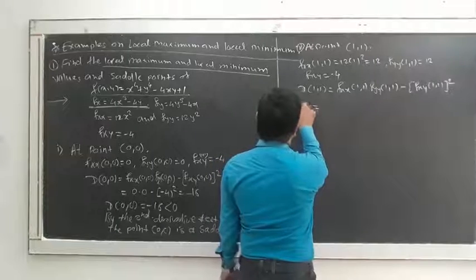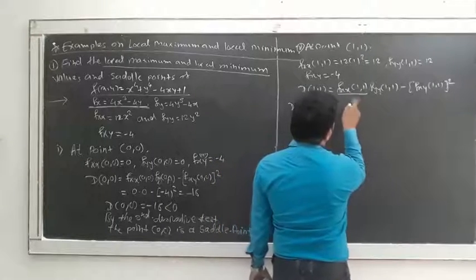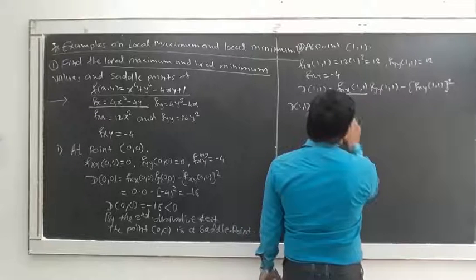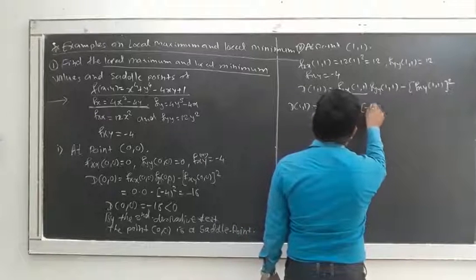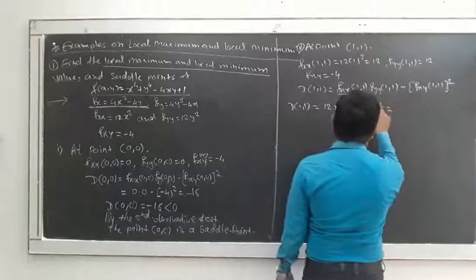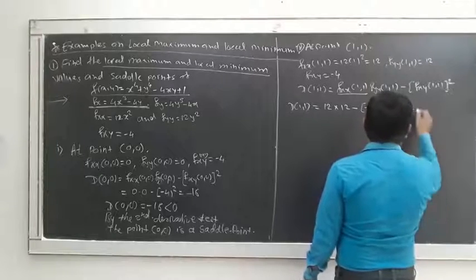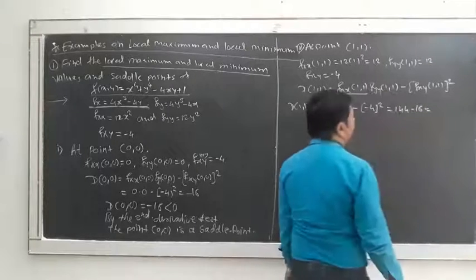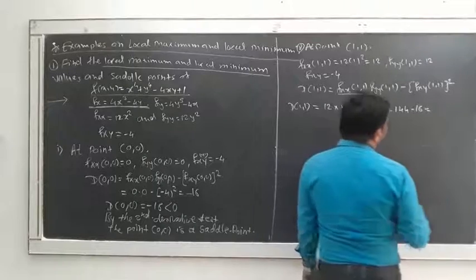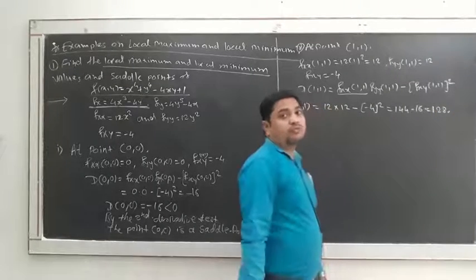So D(1, 1) is equal to fxx at (1, 1), which is 12, times fyy at (1, 1), which is 12, minus 4 squared. So it should be 12 times 12 is 144, minus 16, and it is equal to 128.